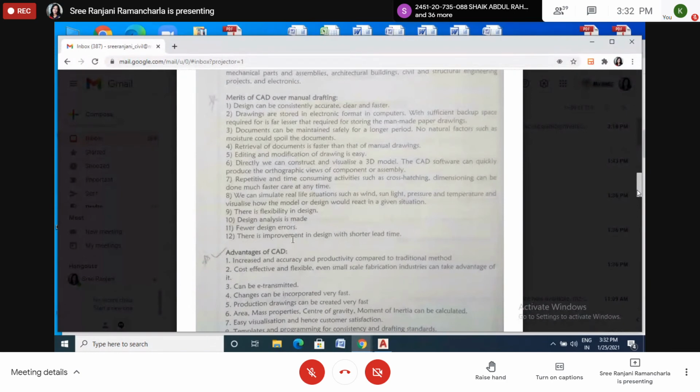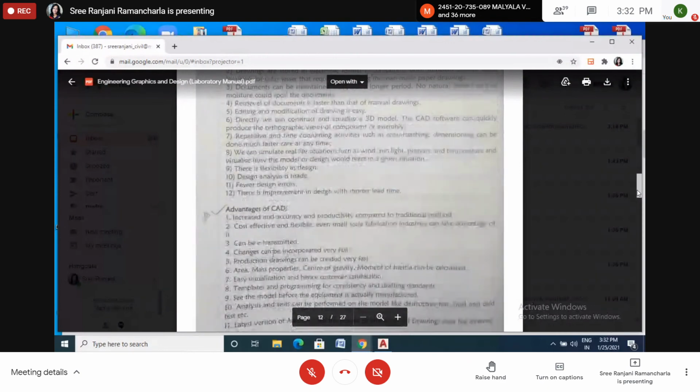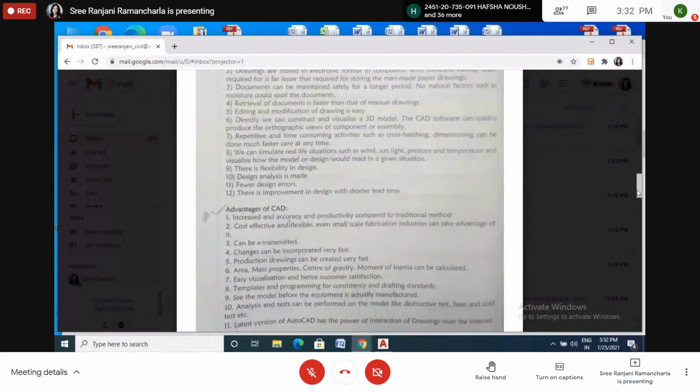There is improvement in design with shorter lead time. Right? These are all the advantages. And the disadvantages: increase in accuracy and productivity compared to the traditional method, because we don't get knowledge if we do AutoCAD. We won't get the knowledge of manual drawings like you people are facing nowadays.